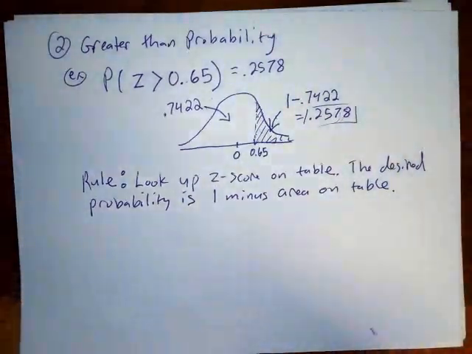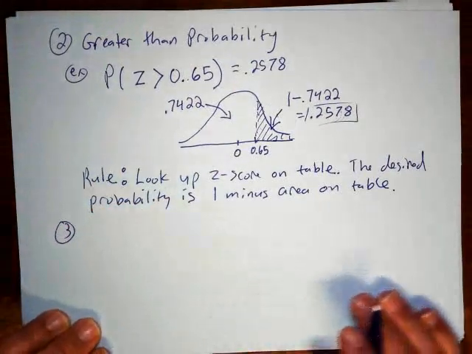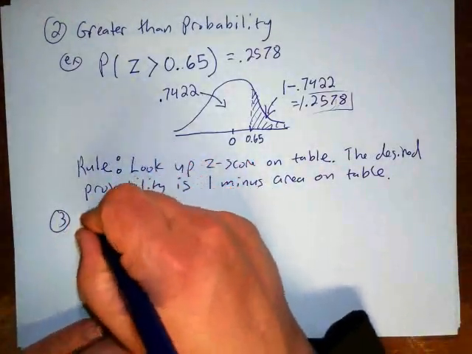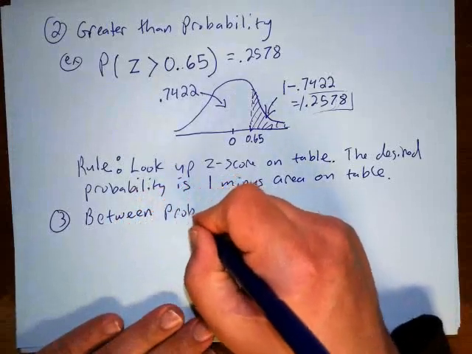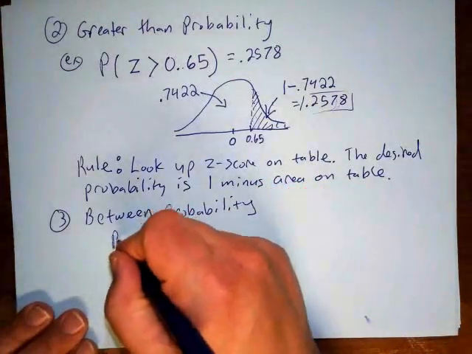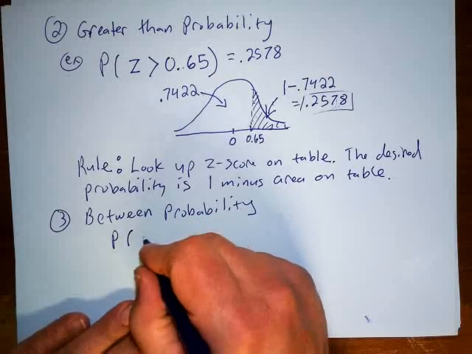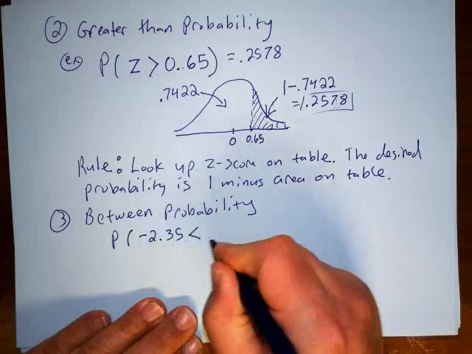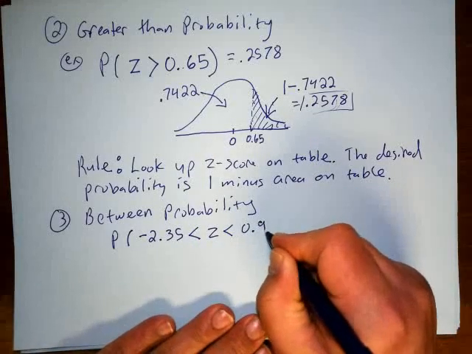Okay, so the third case now. Case 3 will be the between probability. By this I mean something like the probability that z is between, say, negative 2.35 and 0.97.